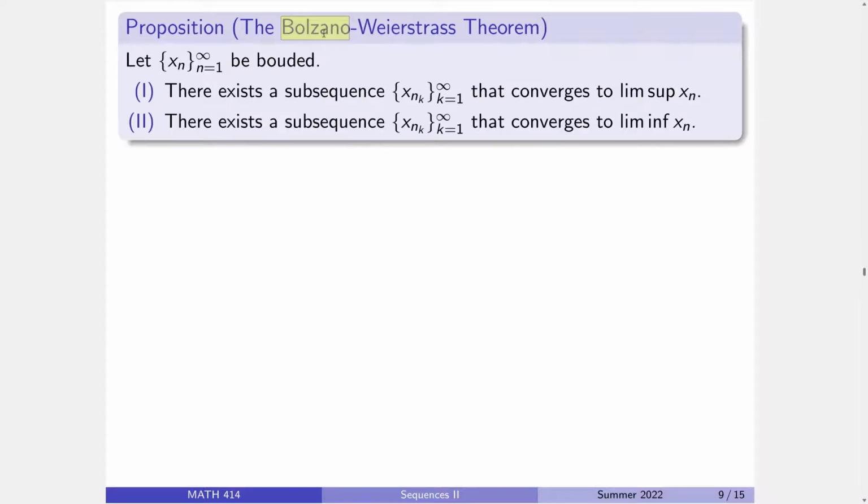Bolzano was in the early 1800s, and Weierstrass was towards the end of the 1800s. Specifically, the epsilon delta argumentation. Cauchy was essentially doing similar things, and Bolzano was basically doing it. Weierstrass is the one who sort of codified it, and that was like 1860 or so.